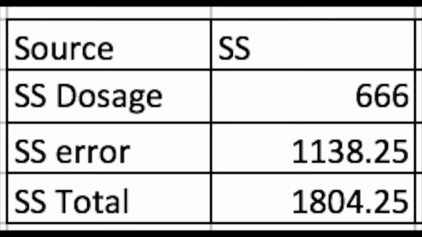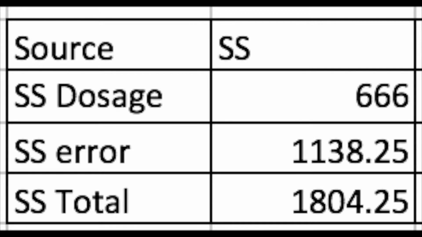Then we start doing ANOVA, but first of all we have to get 3 letters. A, which is the number of doses, which is 3, then n, the number of observations, and then N big, which is a times n, which is 3 times 4, gives us 12. Then we start making the ANOVA sum of squares. We get the sum of squares of dosage, which is the sum of squares of yi dot divided by n, minus yi double dot squared divided by 12.